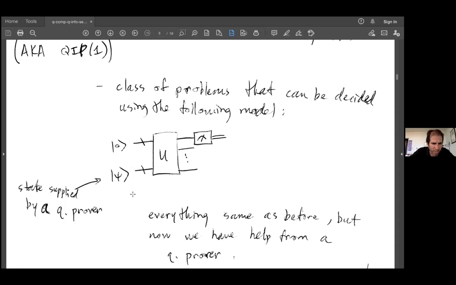Okay. And the circuit can have a structure where maybe there's a layer of controlled NOTs between adjacent qubits. And then there's another layer of single-qubit unitaries, and these unitaries are parameterized by certain angles. And then you can repeat this structure a certain number of times.